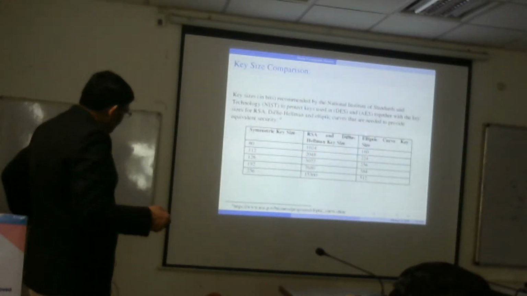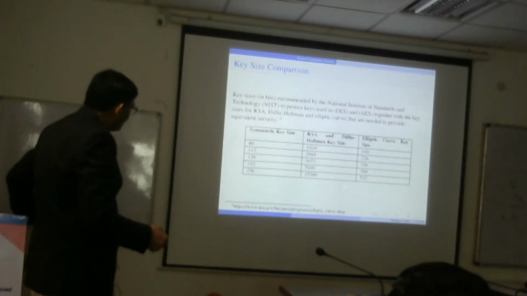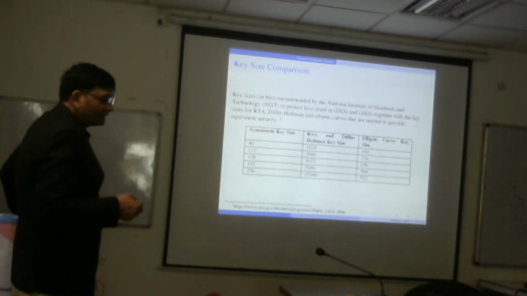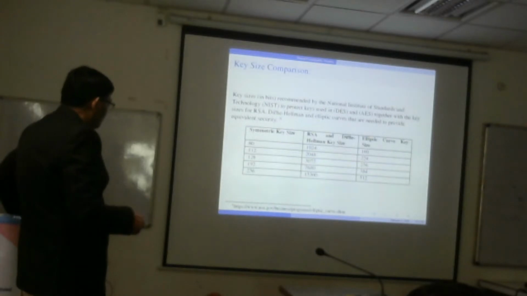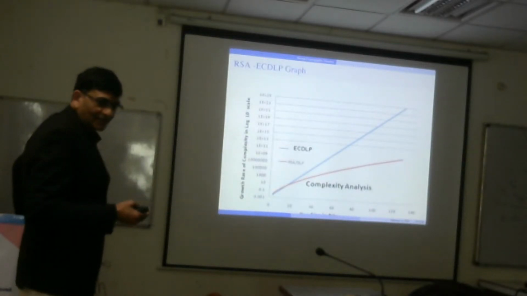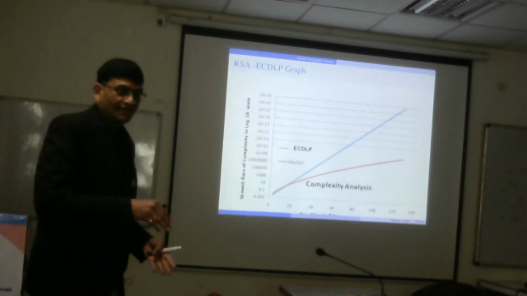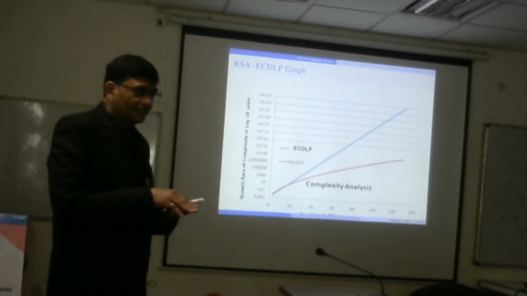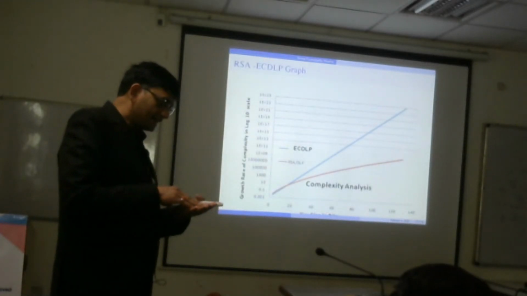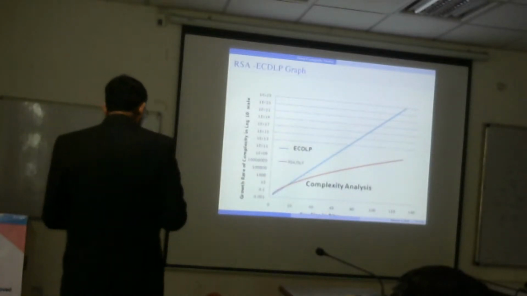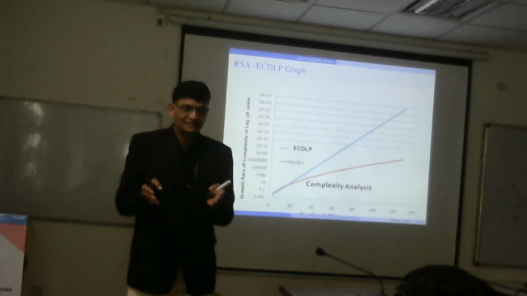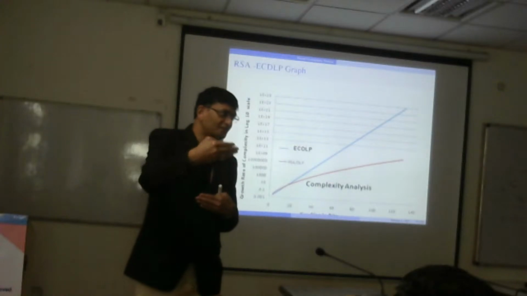So because we have to work on a smaller size in case of elliptic curve, the complexity of the encryption and decryption algorithm in comparison to RSA is not that high. Encryption and decryption operations we can perform in polynomial time, but with the smaller size, we can get the same level of security.